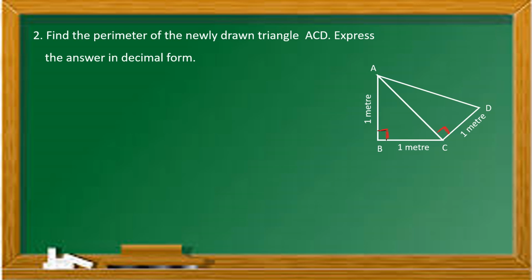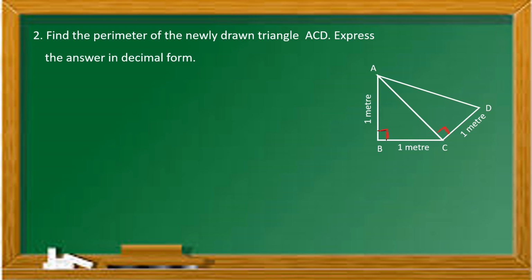Perimeter is the sum of length of three sides. Okay. And in ACD, we know only one side. If we need to find the perimeter, we need to find the other two sides. Isn't it? My question is, how will you find the other two sides? AC is one side of triangle ACD, and that is the hypotenuse of triangle ABC, isn't it?